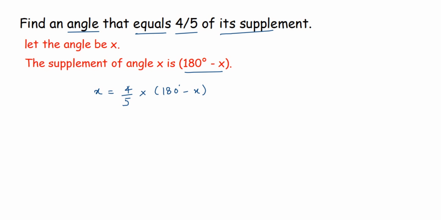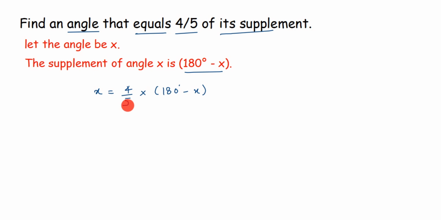How to solve it? You can eliminate the 5 from the denominator. Here 4/5 is being multiplied with this bracket. Instead of opening the bracket by the distributive property, I will eliminate this 5. Now 5 is in the denominator, it's in division. Division's inverse operation is multiplication, so multiply both sides by 5.